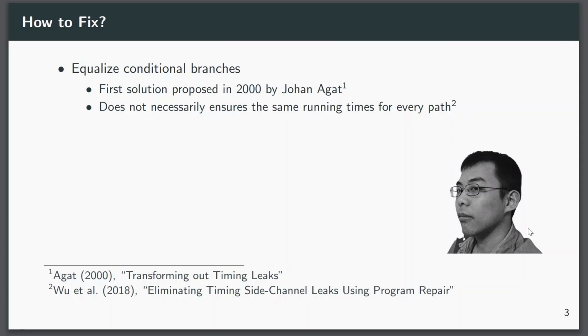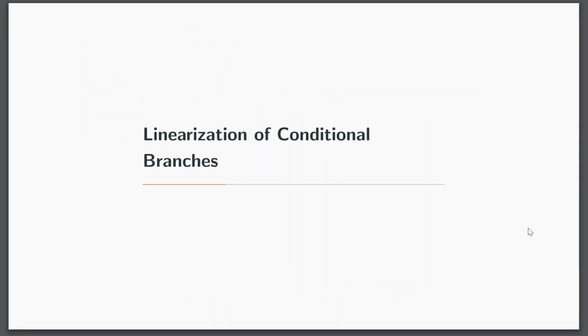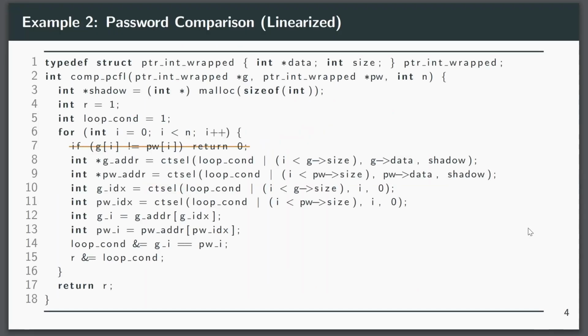This was demonstrated in a paper from Wu from 2018, in which they open the paper describing an experiment that shows that this approach does not work, at least not as we wanted it to work. And then they propose another solution, which is to linearize conditional branches, which is the solution that we adopted in this project.